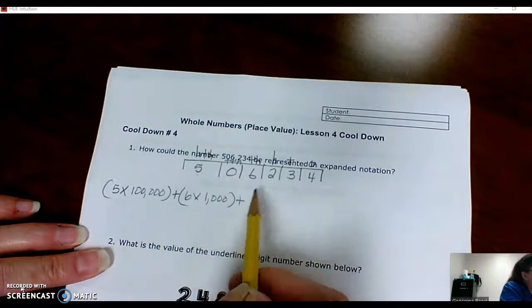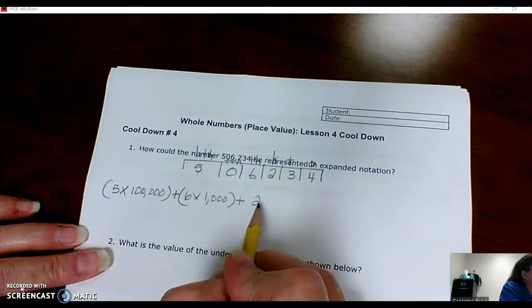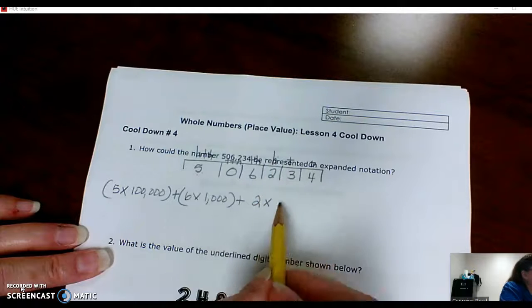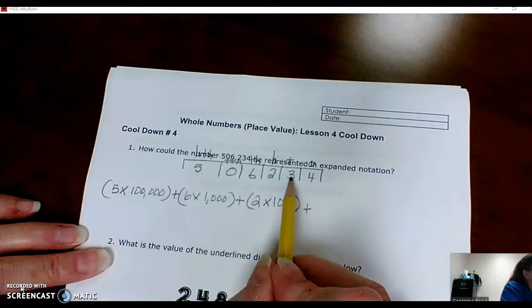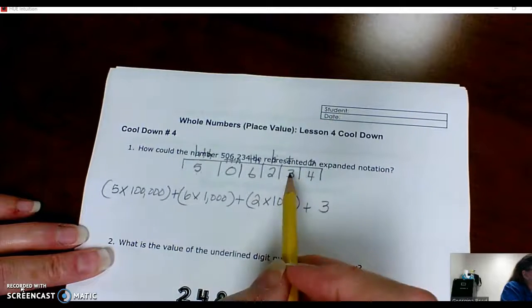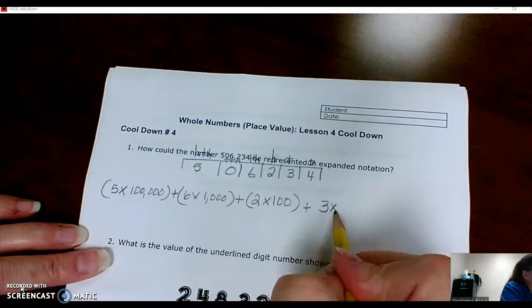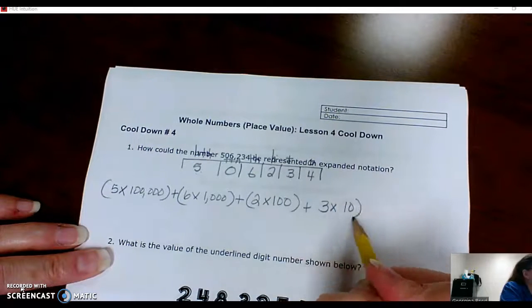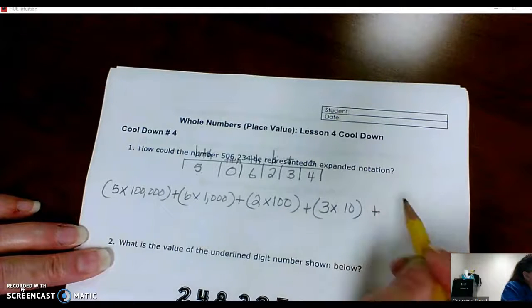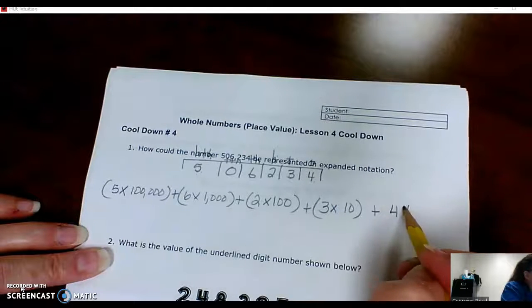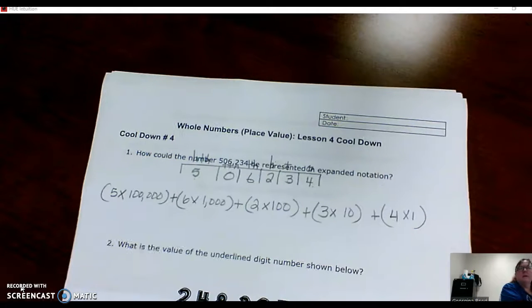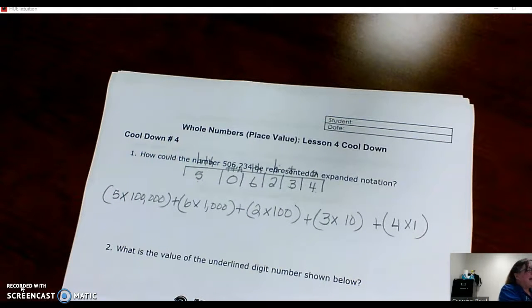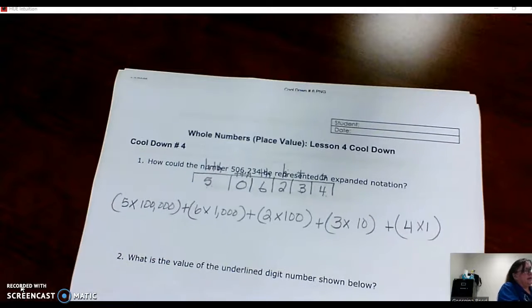Then plus the 2 in the hundreds place. 2 times its place value, 100, plus 3, the digit 3 in its place value, times tens, it's in the tens spot, plus the digit 4 in the ones, times 1. You need to be able to put things in a place value chart so you can understand how it is recognized. What is its value?